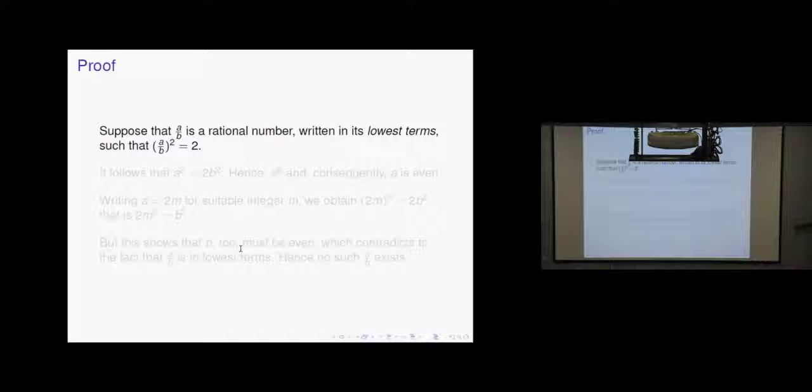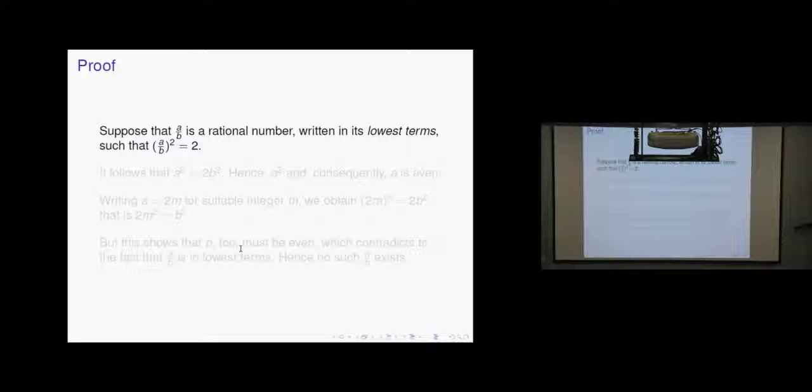Okay, so now here is a proof written in proper mathematical form. Suppose we want to show that no rational square is 2. Suppose a over b is a rational number, and here we add the condition that it is written in its lowest terms, meaning no common factors.